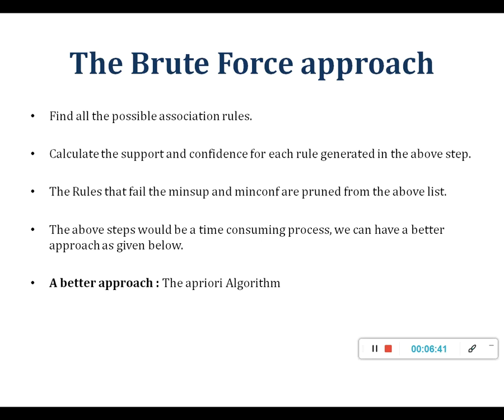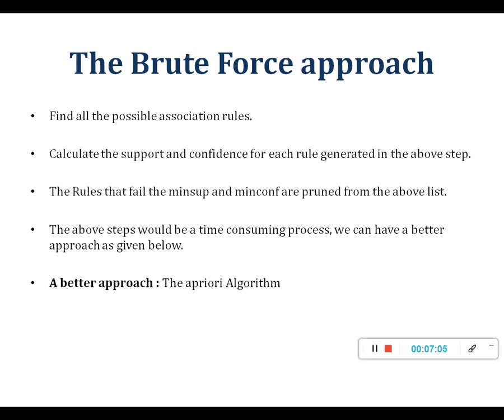These steps are a very time consuming process, because we have to find the different association rules, meaning different combinations, then find the support and confidence for each item of that rule, and if the rule does not satisfy the minimum support and minimum confidence, we again have to ignore that tuple.